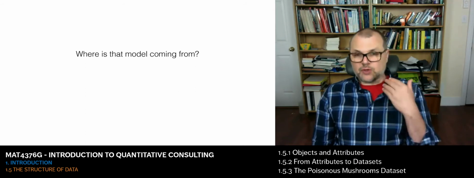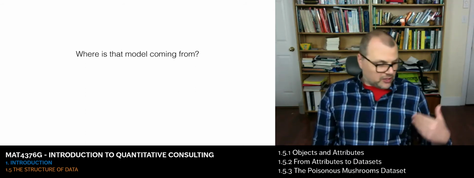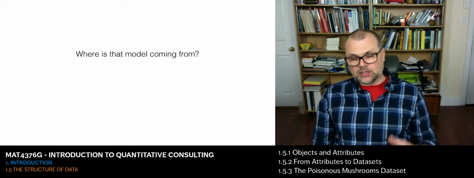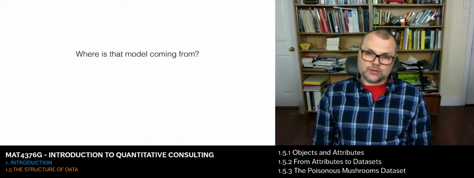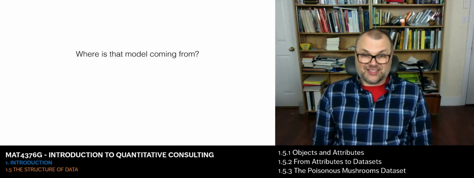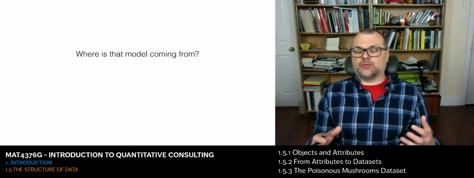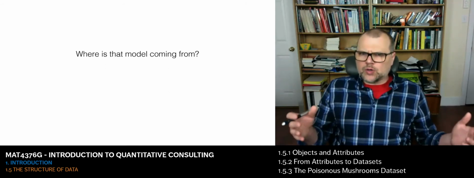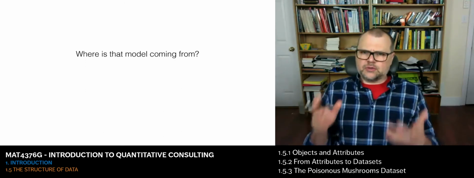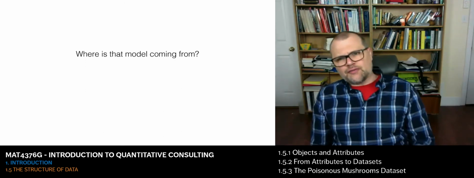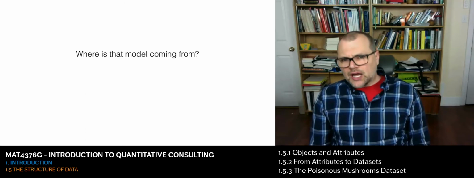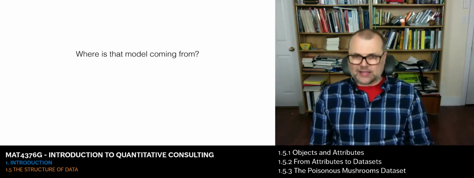I just gave you a model. I explained nothing about how it was built, what data was used to build it. So it has to be some subset of the mushroom data set. Yes, but which one? You know nothing about this. You just see a model. And that's often the situation in which your clients will be when you go back to them with results.